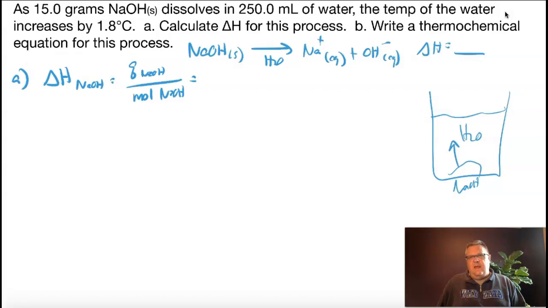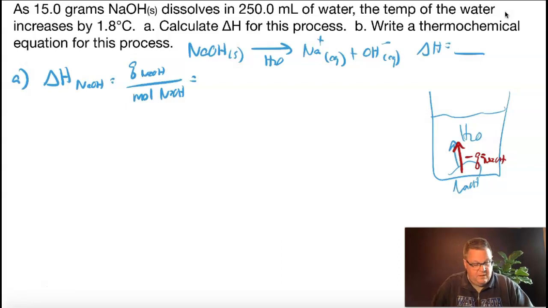So the NaOH is the system, and the water surrounding it is the surroundings. If the temperature of the water goes up, that means that heat is flowing from the NaOH to the water. So NaOH is going to have a negative Q. That just means it's flowing out of the NaOH during the dissolving process.